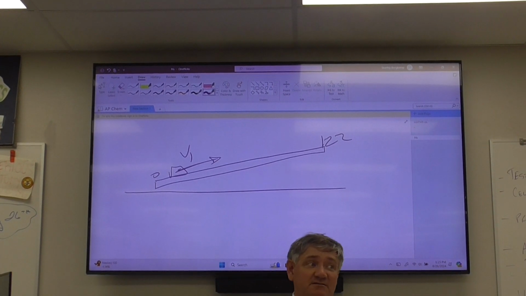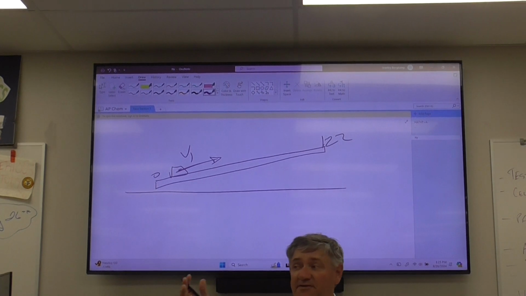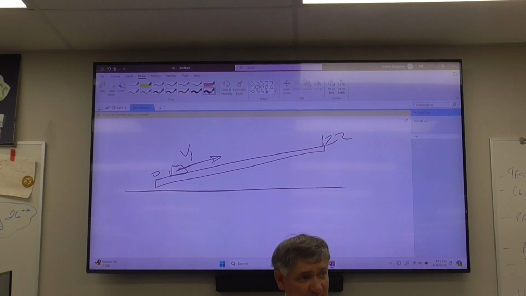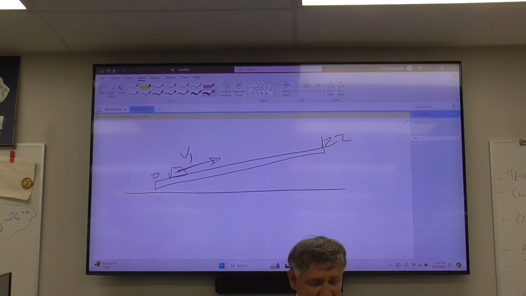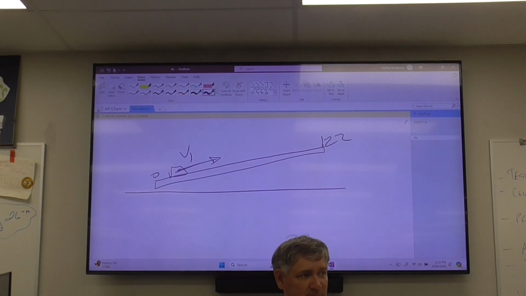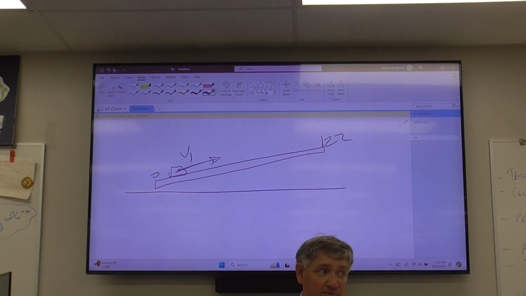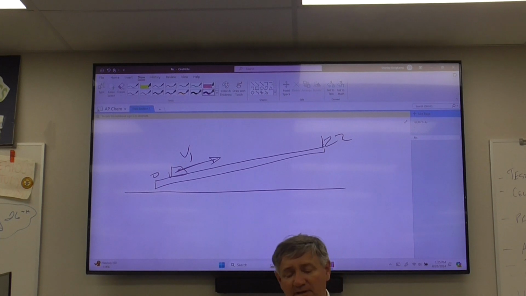Like, let's say, for example, you're driving to school. Mitchell was driving to school, and he looks and he's driving 40 miles per hour. Five seconds later, only 1 of 3 things could happen. He's sped up to 41, he's slowed down to 39, or he's still at 40. That's it.